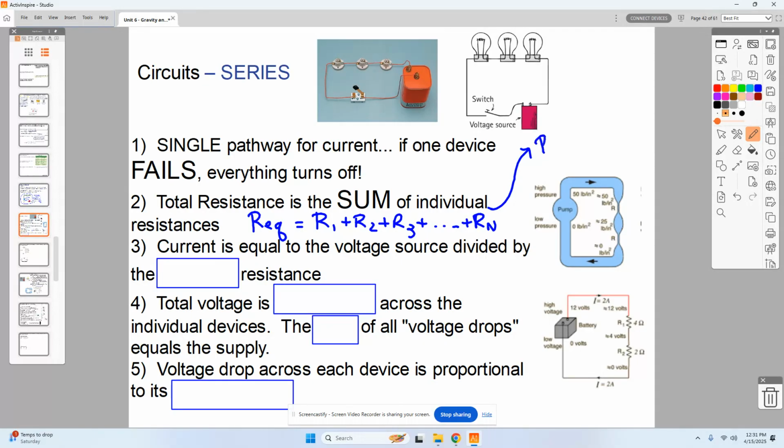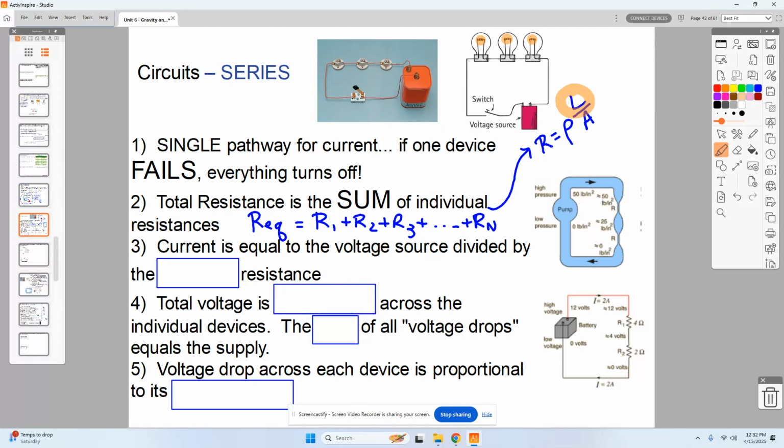You might recall that resistance was equal to resistivity times L over A. As I increase the number of filaments connected in series, that effectively increases the length of the path that the charges have to flow through. So that's essentially increasing the numerator of that equation.